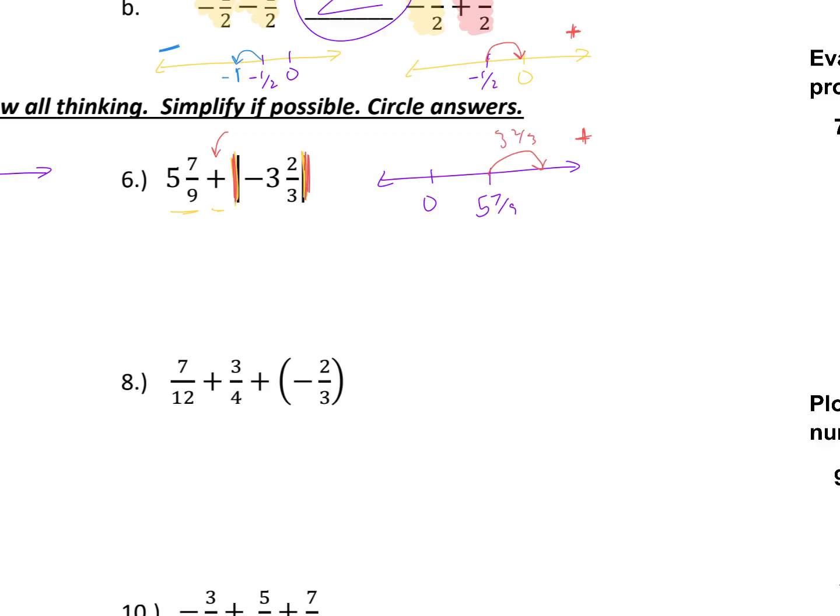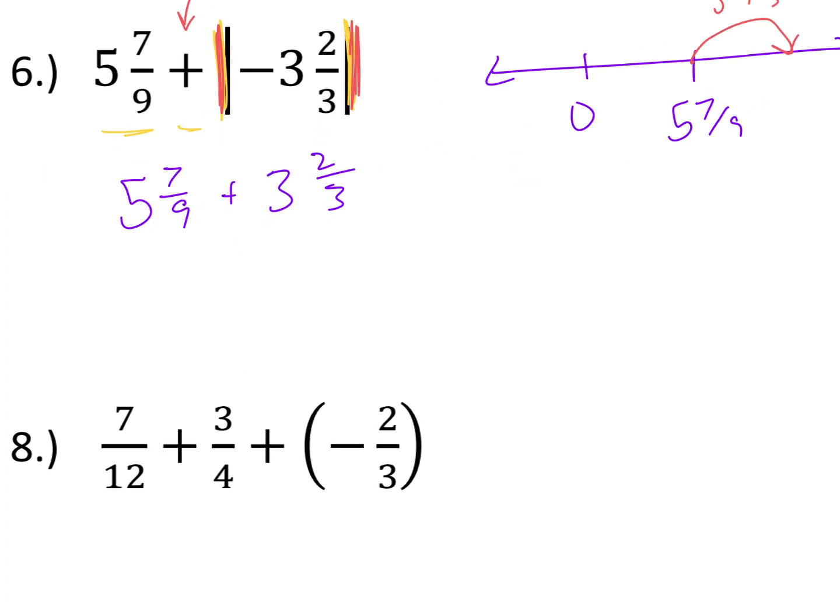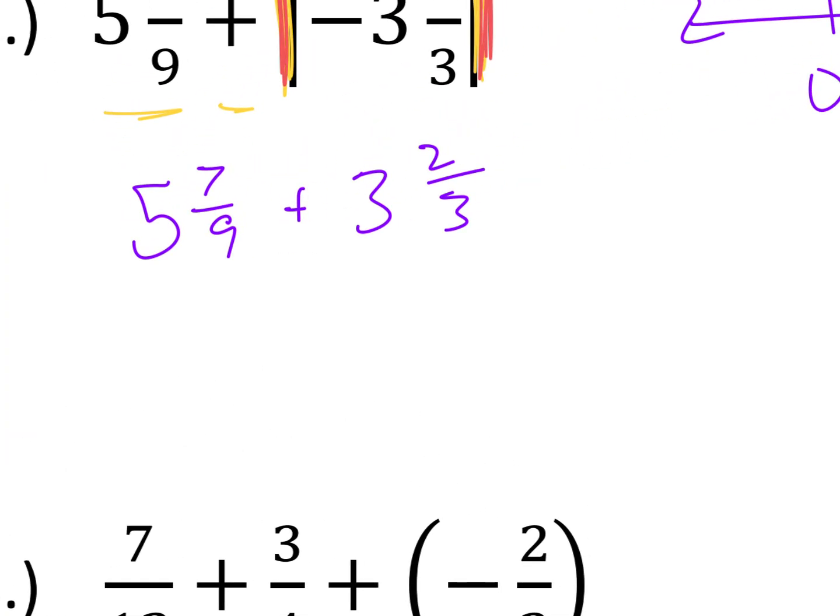When would this be negative? As if there was a negative out front already, but there's not. So this is a pretty straightforward just adding two fractions. We now need to do common denominators then. So this guy has a pretty simple common denominator. We're going to have 5 and 7/9 plus 3 and 6/9.